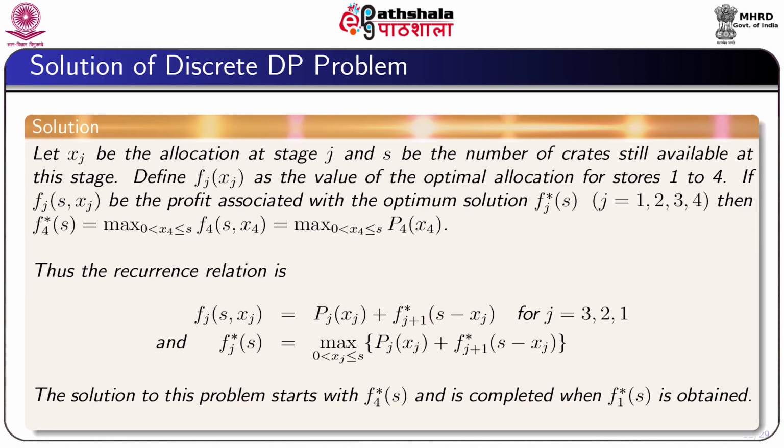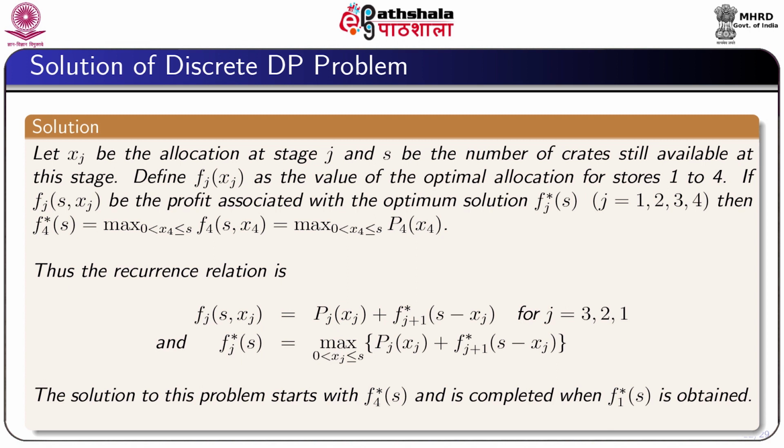Let x j be the allocation at stage j and s be the number of crates still available at this stage. We define f j x j as the value of the optimal allocation for stores 1 to 4.